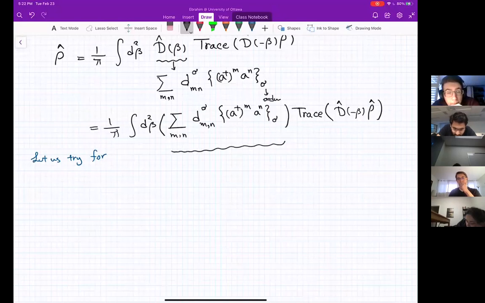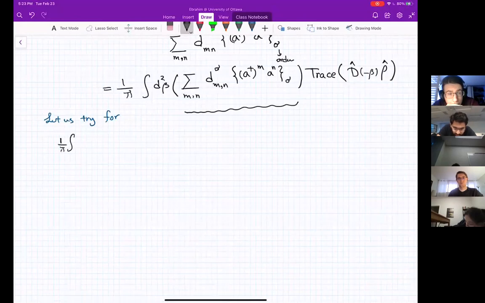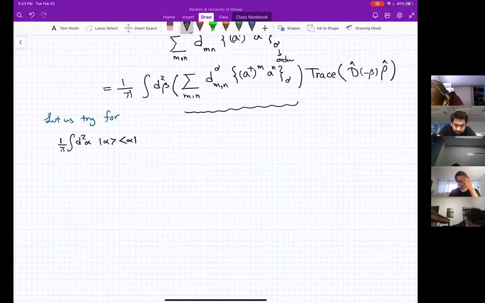Let's simplify this in coherent state basis. Which means that I have to use the integral 1 divided by pi integral of d2 alpha, alpha. So A and A dagger will act on different sides.